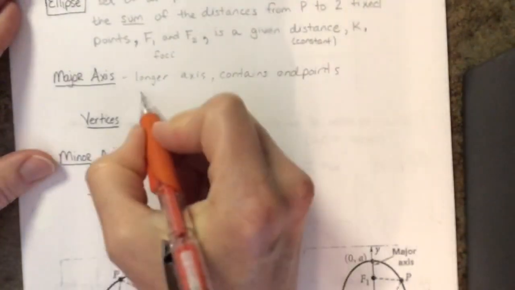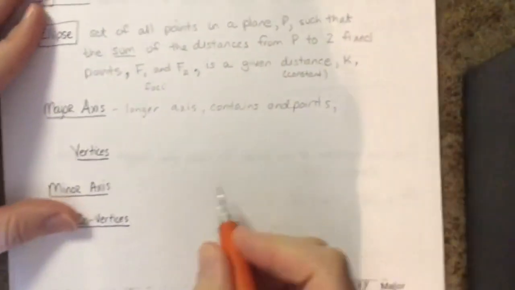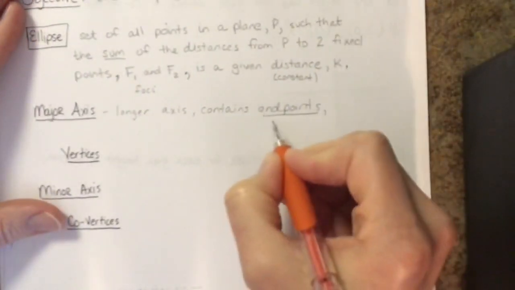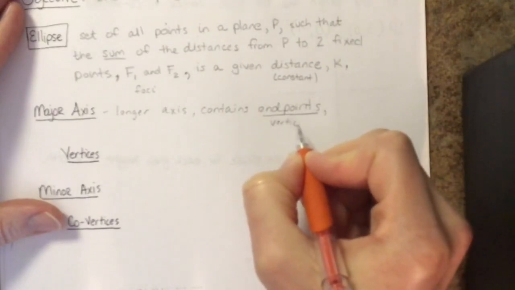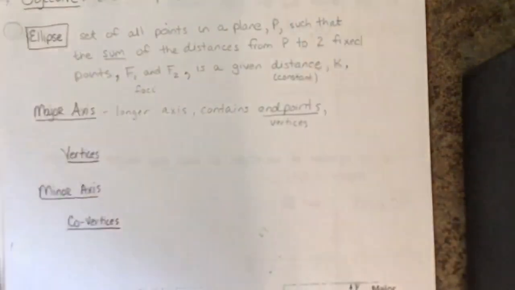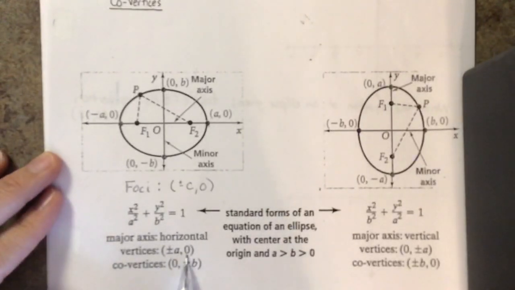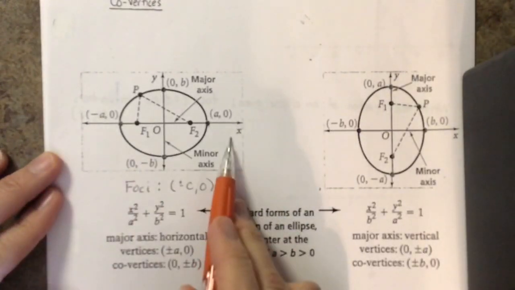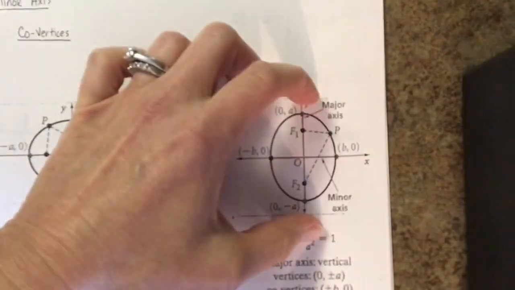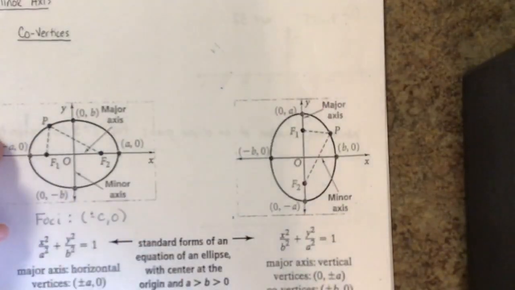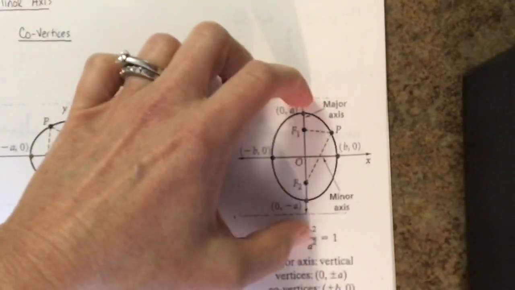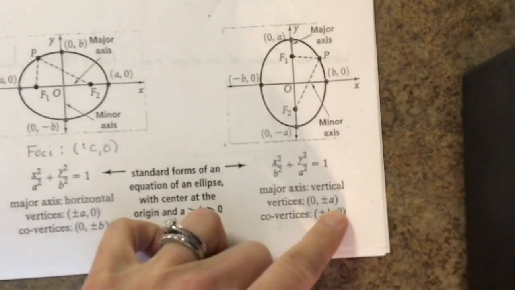And in this case, the endpoints are given by (a, 0) and (negative a, 0). And those endpoints are called vertices. So in this case, I've got positive, negative a, 0. They're right on the x-axis. Okay? If you have a tall ellipse, not a wide one, they could be on the y-axis. So (0, positive, negative a).